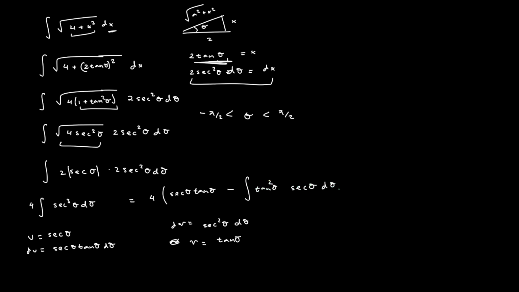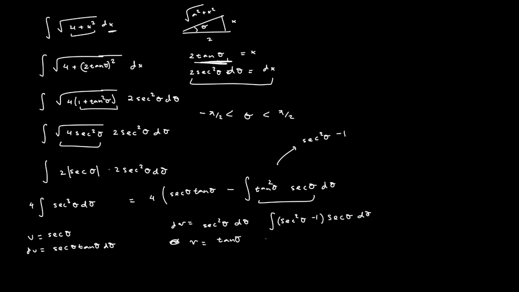And now what's left is we need to integrate tangent squared theta times secant theta. And recall that tangent squared theta is the same as secant squared theta minus 1. So this integral, we can represent as secant squared theta minus 1 times secant theta d theta.